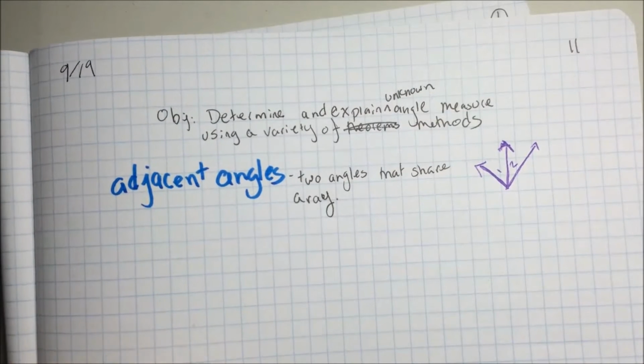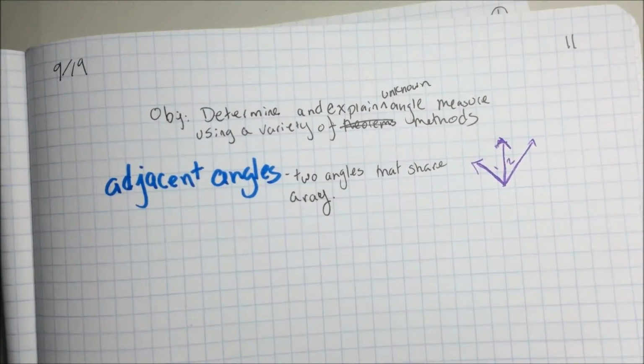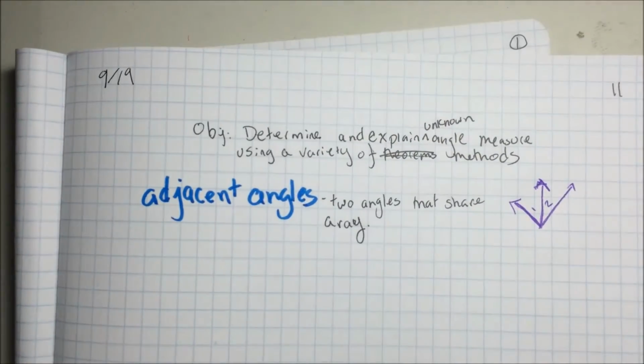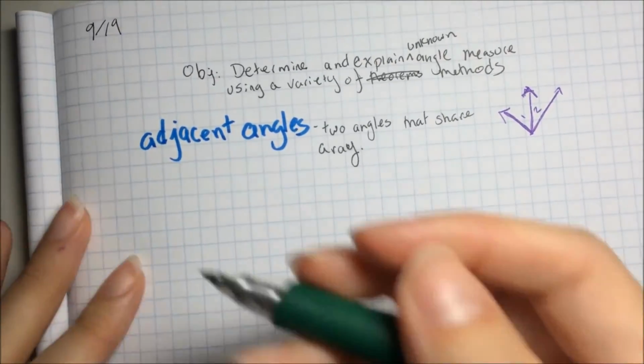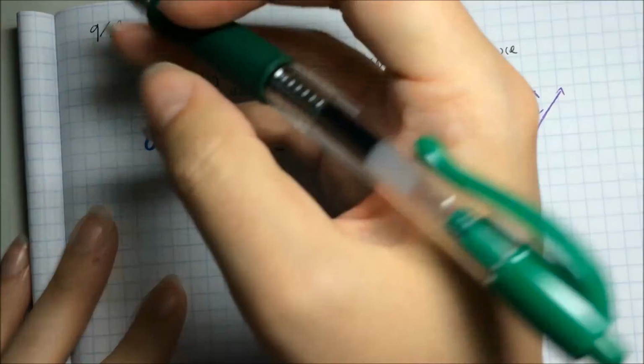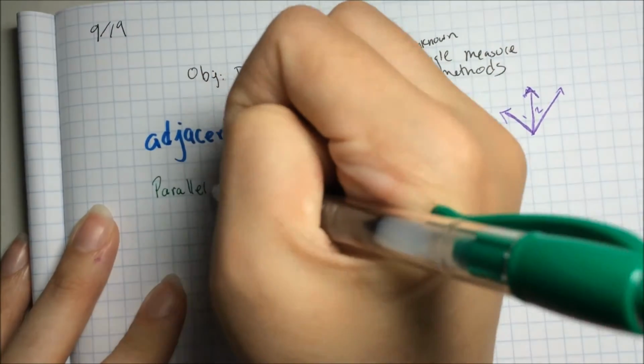Okay? All right. Next, I believe green was for theorems. Yes. Okay. And diagrams. But I like using purple. So we're going to use my green pen to write the parallel postulate.